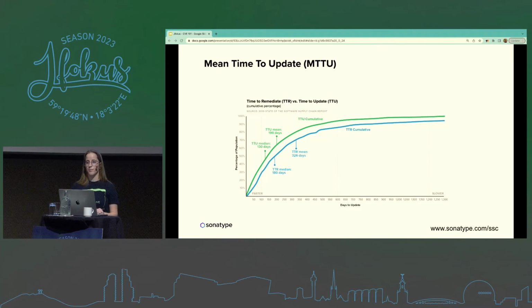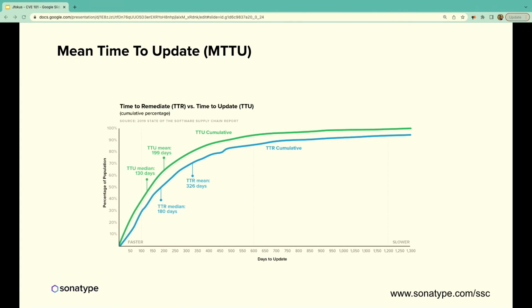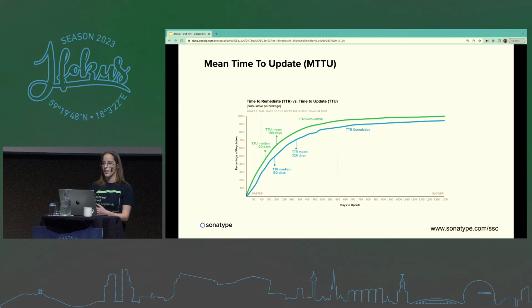The other part of it that came into play is the mean time to update. It turns out time to update, or how quickly a project is updating its dependencies, also correlates to the amount of time it may take them to remediate a vulnerability. So having a project that can do that really quickly and remediate a vulnerability when they have one is definitely a good one to choose.